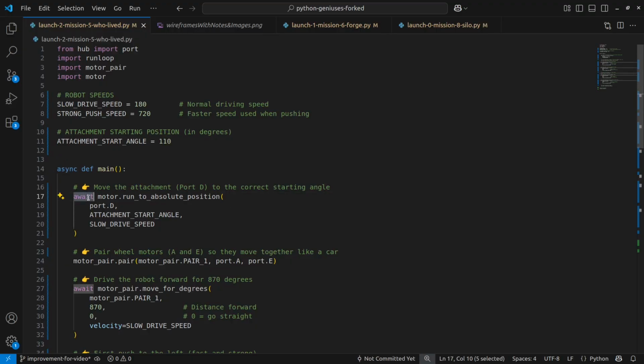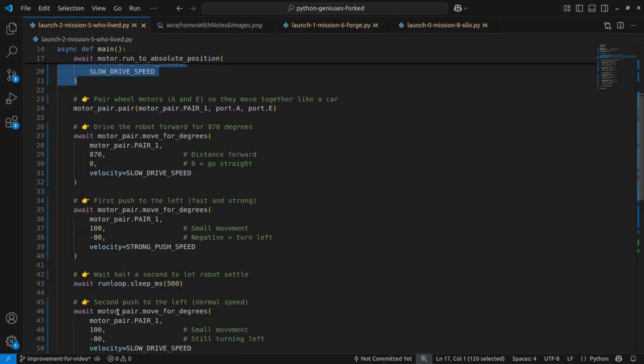And await would mean that you need to wait to go to the next command before you complete it. So we're telling the robot, make sure to complete this command, this task, this motor movement before you go to the next one. That's why you would see await in all the motor calls.